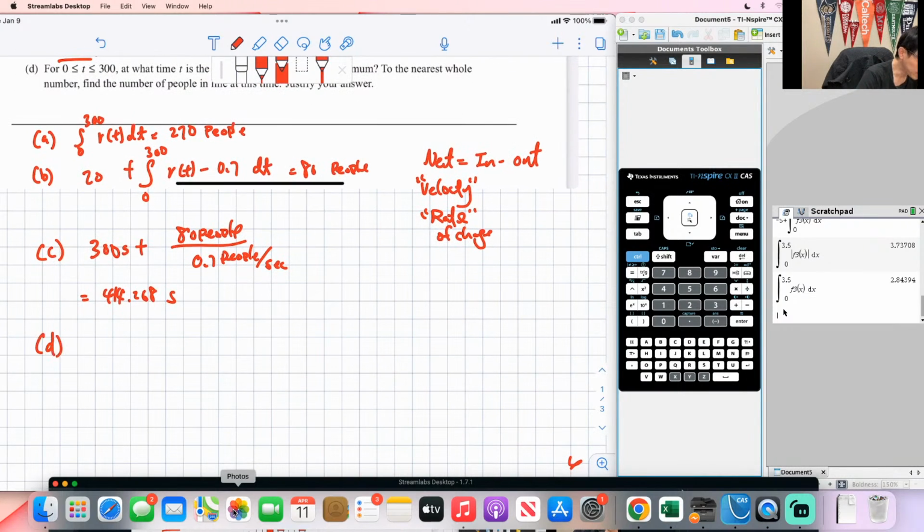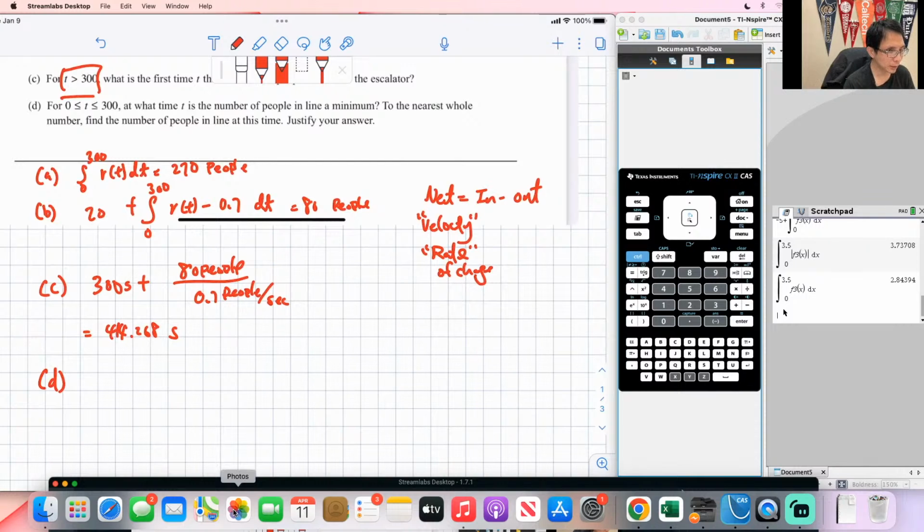Now for part D, you say, okay, what number of people in line is minimum, to the nearest whole number? This one's kind of hard to think about. But first of all, think about it this way. If I throw a marker upwards, eventually it's going to come down, so I can catch it. But when I throw it up, there's a positive velocity as it goes up, but gravity is pulling the marker down.